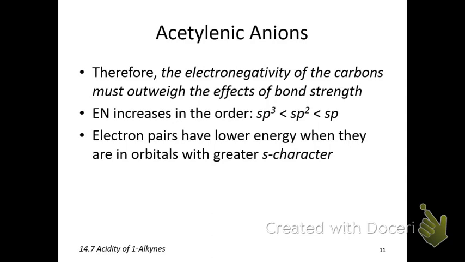And so the electronegativity is the more important factor, and we see that right there. It must outweigh the effects of bond strength. Electronegativity increases through the hybridization, and that's a trend seen throughout the atoms that we consider to be hybridized. We see that acidity increases with hybridization change from sp3 to sp2 to sp.